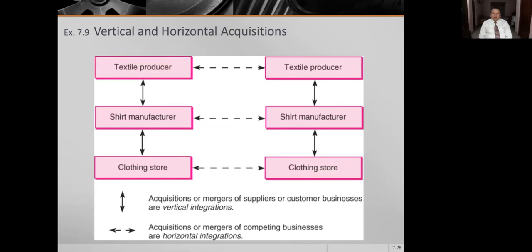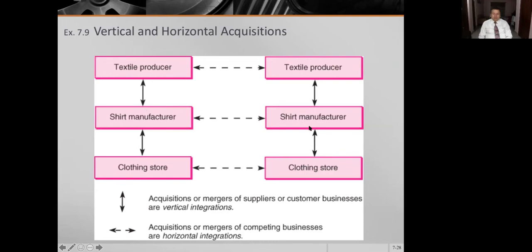Now, for example, vertical and horizontal ideas. In this one, vertical arrows, acquisitions or mergers of supplier or customer businesses are vertical integrations. For a shirt manufacturer, if they go to a textile producer, they are the suppliers. If they go to a clothing store, they are the customers. Either way, if they expand the business on this side, this is called vertical acquisition.